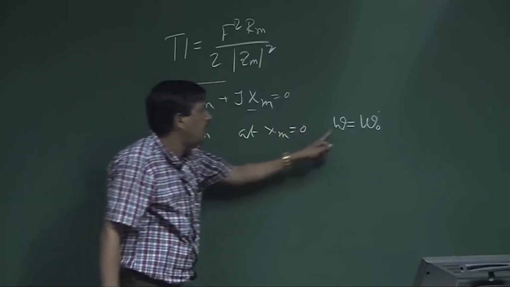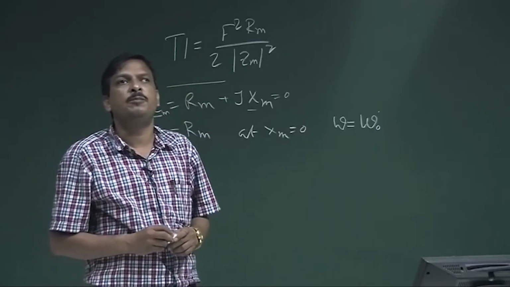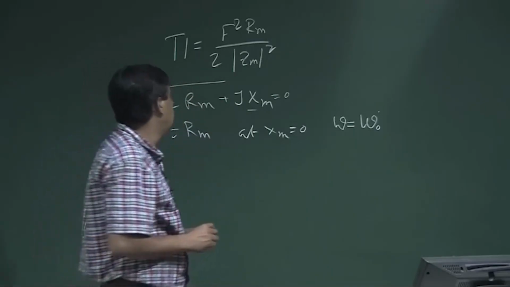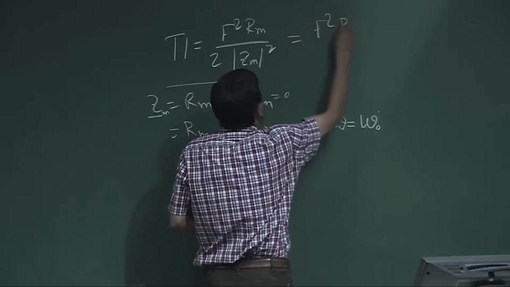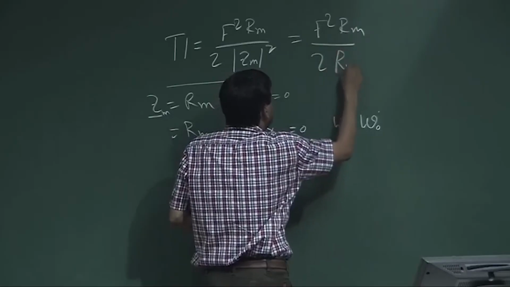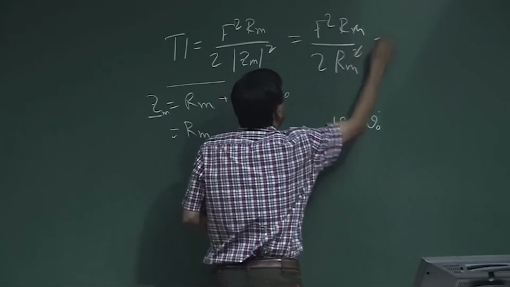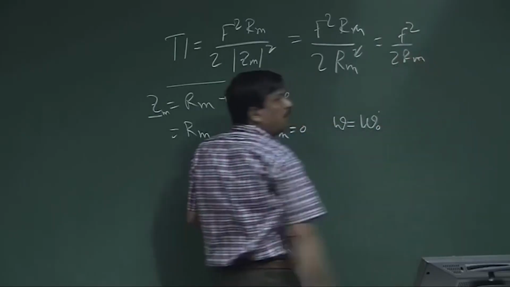Now, if omega is equal to omega 0, this has another name. Then the maximum power is F square by Rm into 2 Rm square, so Rm square will be cancelled. So F square by 2 Rm is the maximum power.